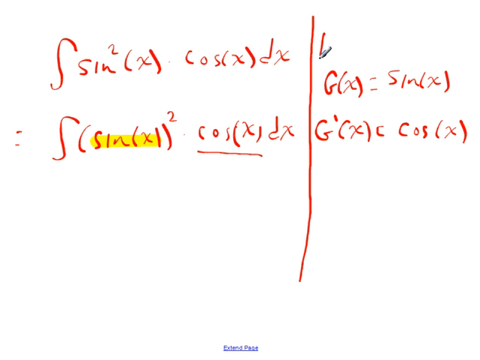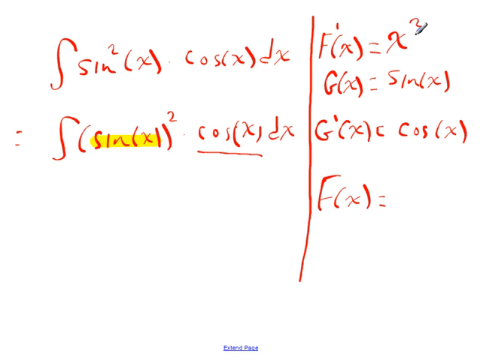And so what would be our outer function? Well, our outer function is something squared, so x squared. And if f prime of x, our outer function, is x squared, then what must be f of x?